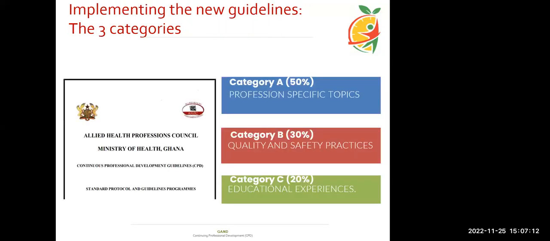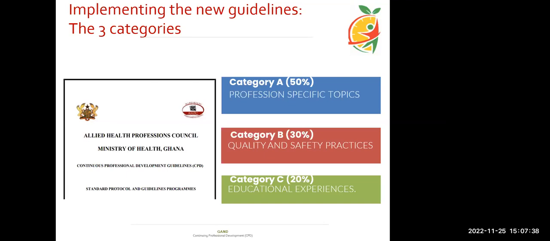Now, when this new guideline came, we had proposed 3 categories. At this point, many of the things I'm going to say are still discussions in progress, because at the time we made these proposals, we had not settled on some of the nitty-gritties.